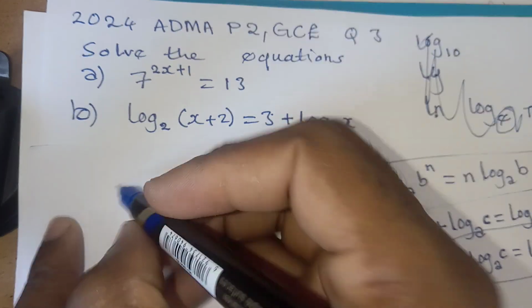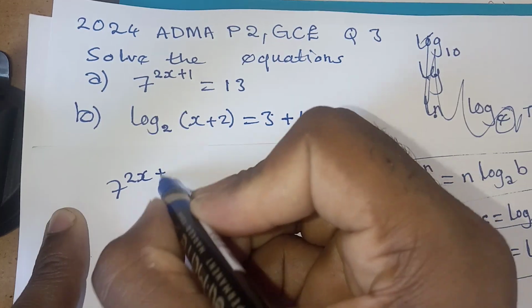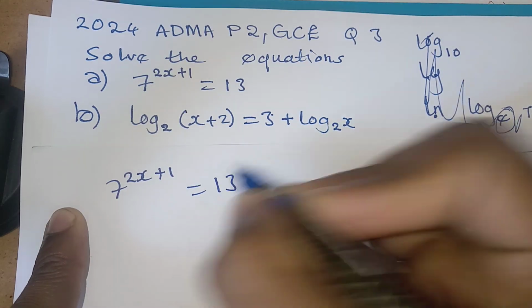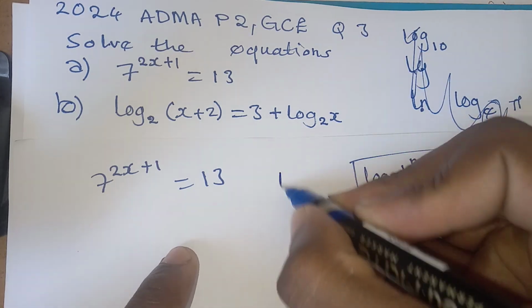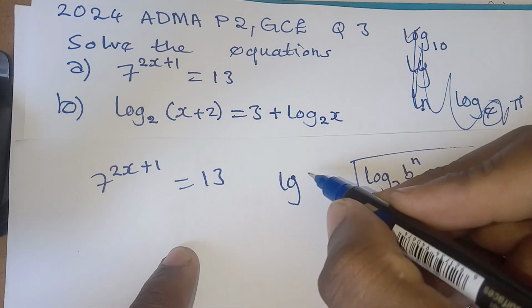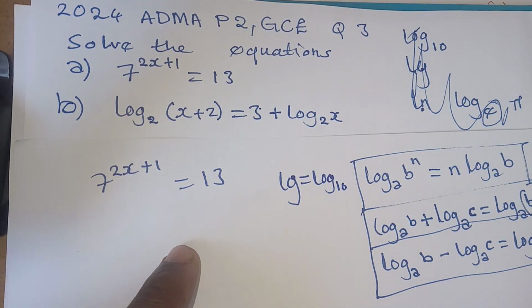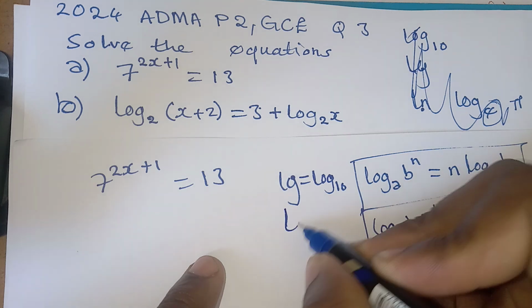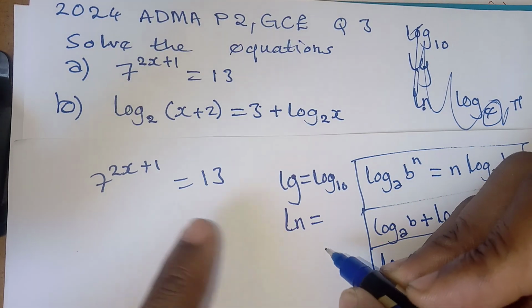We have two possible logs which are always available on your scientific calculators. We have this one, which is called the common log. This one has a base 10, and then we also have ln.